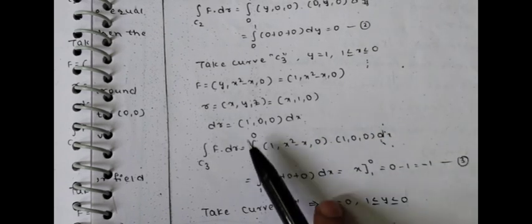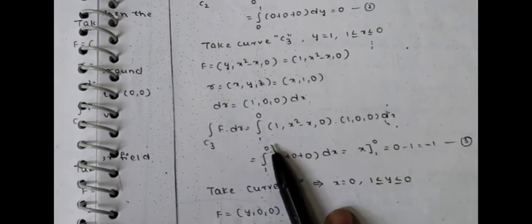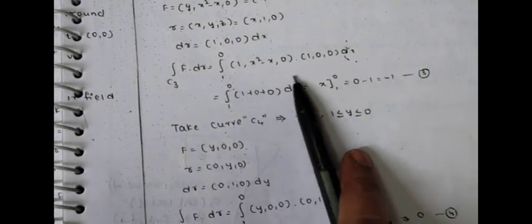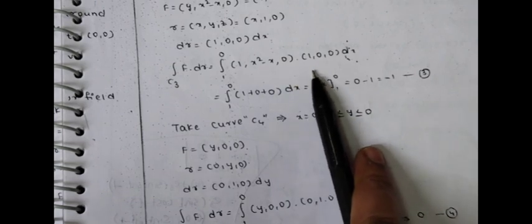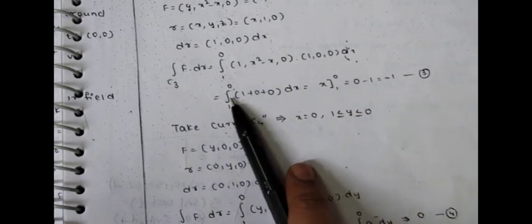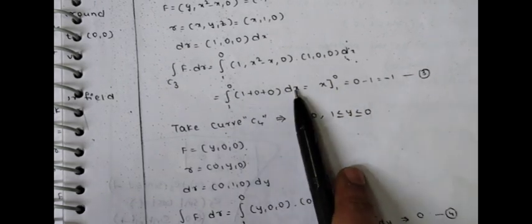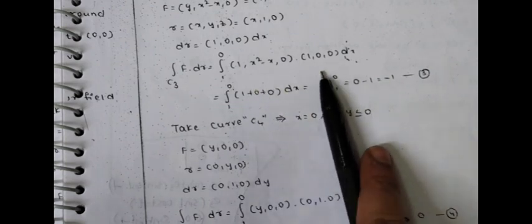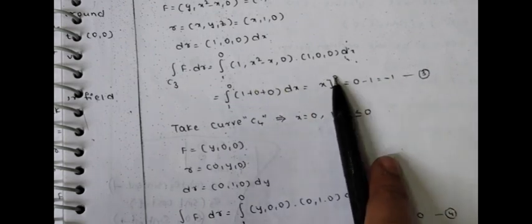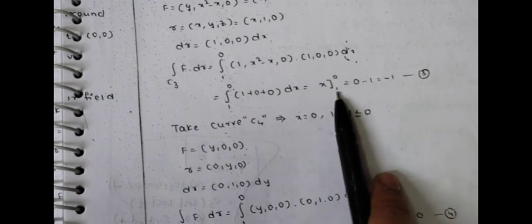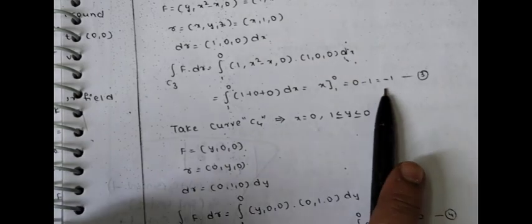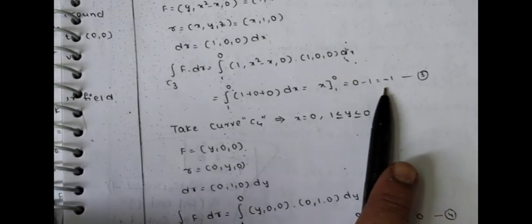So the limits are 1 to 0, and F dot dr. Again by dot product, 1 into 1 is 1, plus something into 0 is 0, plus 0. Again we get the integration of 1 into dx, that is x, with limits 1 to 0. Substituting the upper limit 0 minus the lower limit 1, we get minus 1. So for the curve C3 the line integral value is minus 1.